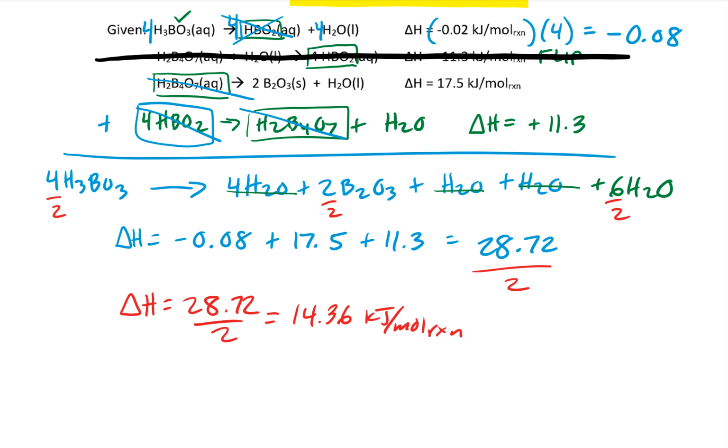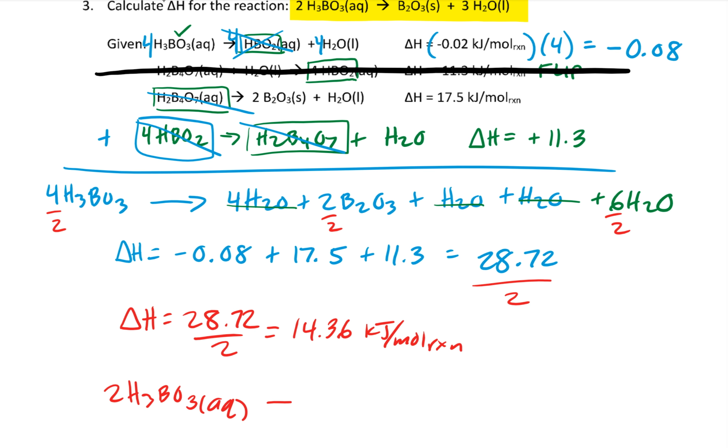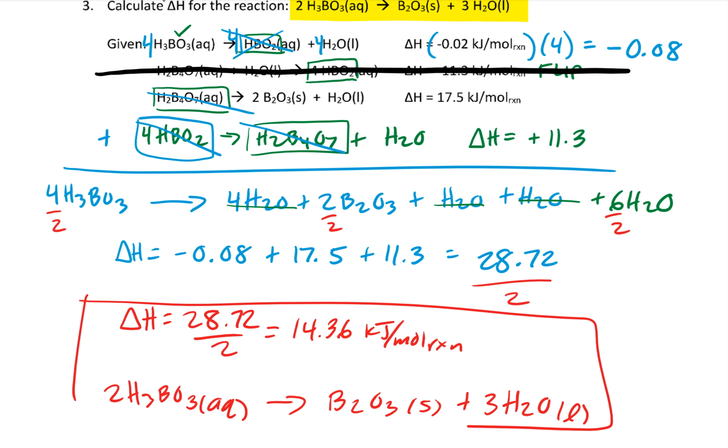That's because now our final equation is 2 H3BO3s yields B2O3 solid and 3 H2O liquid. Okay. So there's my final desired equation, and here is my final delta H value.